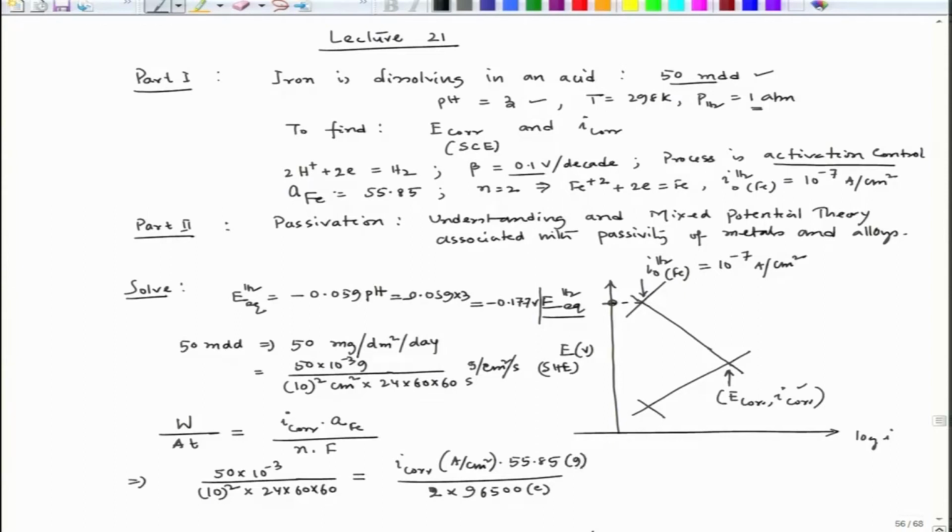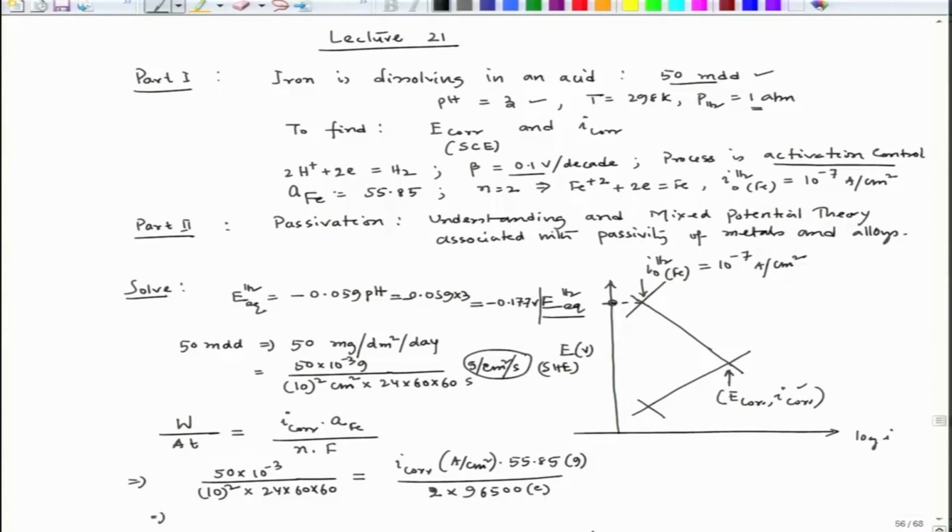Okay. So, I could see that both sides the units are same, because ampere is nothing but coulomb per second. So, then it will match.